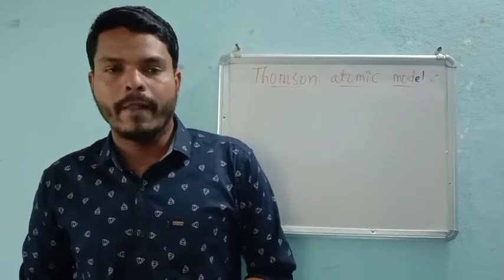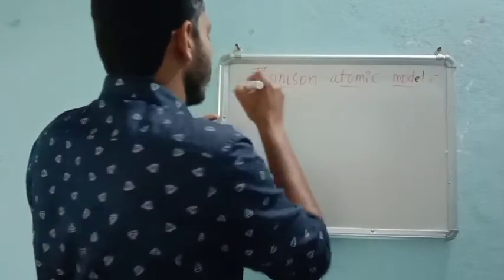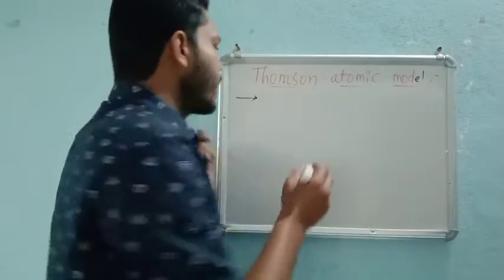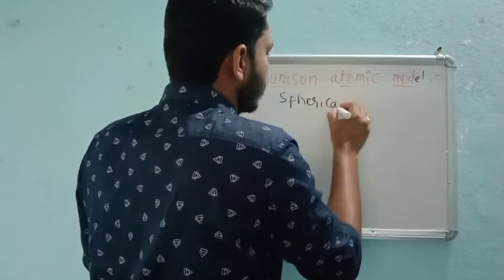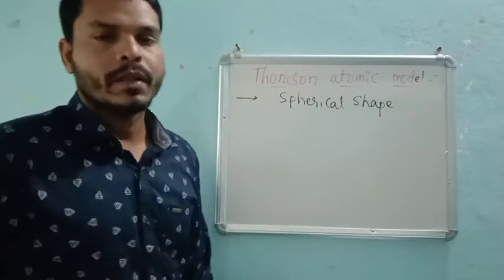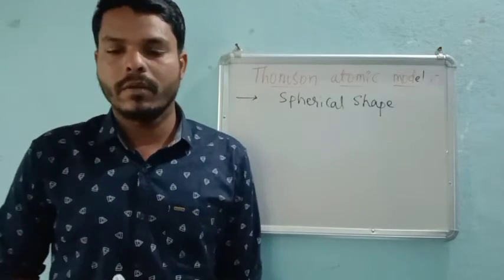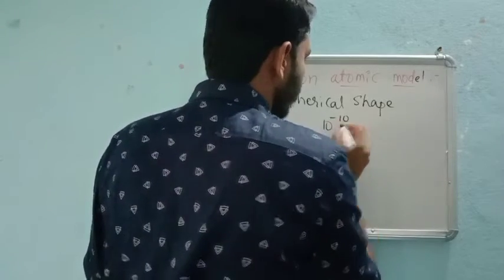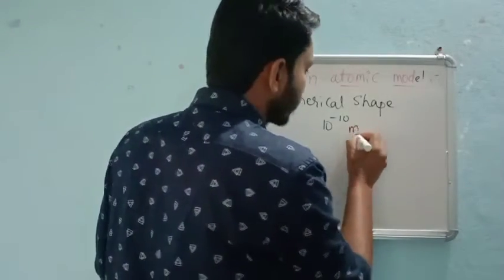According to him, the first point is that he assumed the atom has a spherical shape. He assumed that the atom may be spherical and its radius is about 10 raised to minus 10 meter, right?